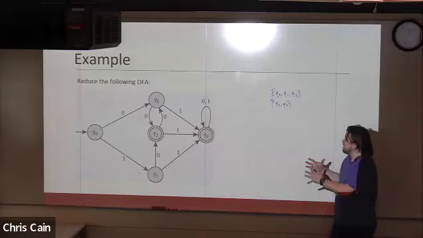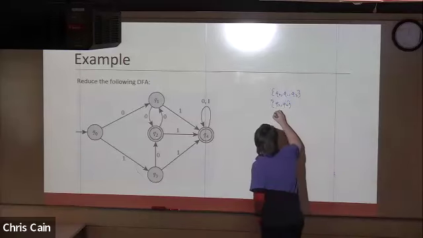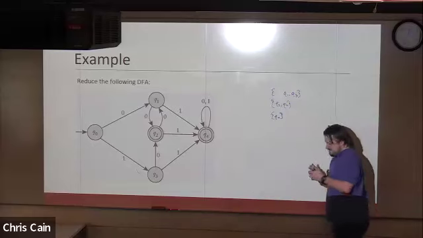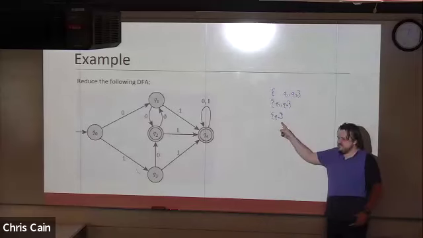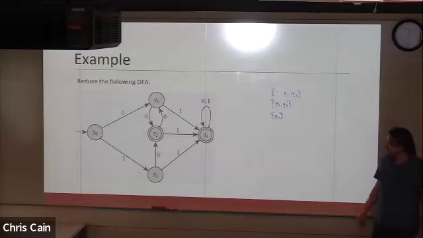So we're going to pull out Q0 and not Q1. We're going to make a third equivalence class with just Q0, and we will remove it from this equivalence class. Since it's by itself, this tells us that we need Q0. Q0 is doing something here that is necessary for this DFA.